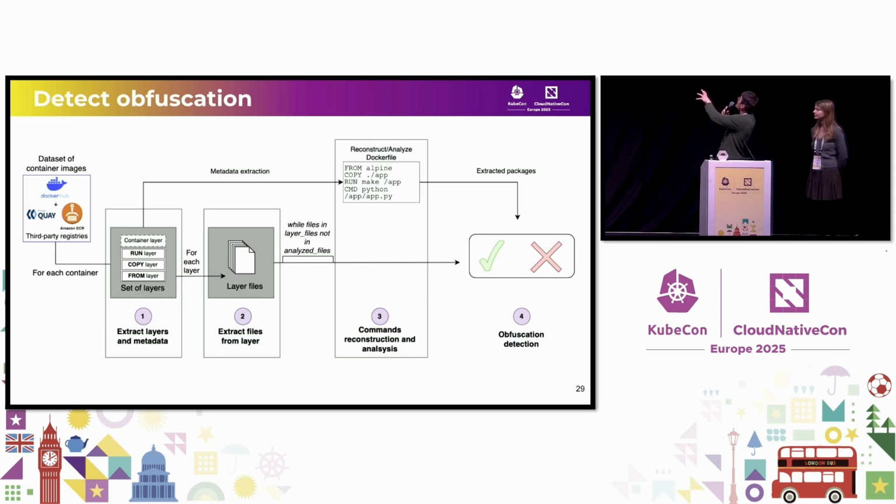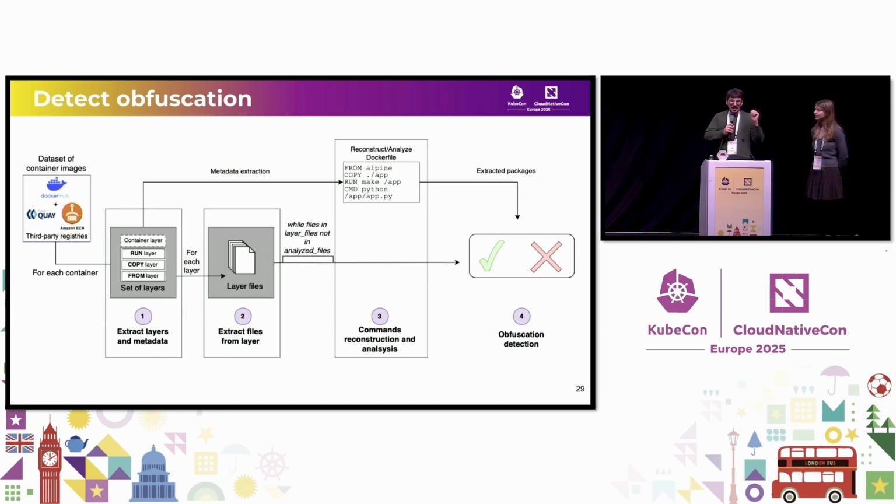At the end of the day, if we see software downloaded from the internet in the Docker file, or we see that files with a known file name, let's say requirement.txt, change or get deleted, then this is a hint for us that the container was modified or was obfuscated.